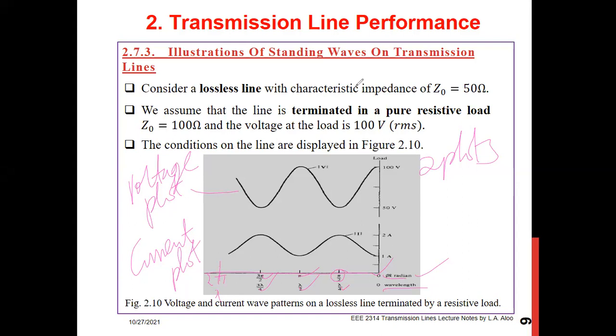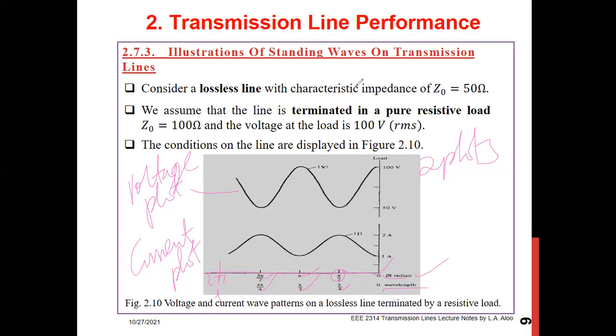Now, if the line still continues, then you will have 1.25 wavelengths or 1.5 wavelengths, 2 wavelengths, 3 wavelengths, and so on and so forth. And on the electrical length scale, the beta L scale, you'll have 2 pi, 2.5 pi, 3 pi, 4 pi, and so on and so forth.